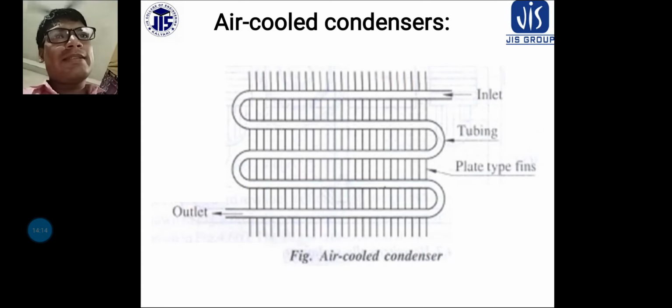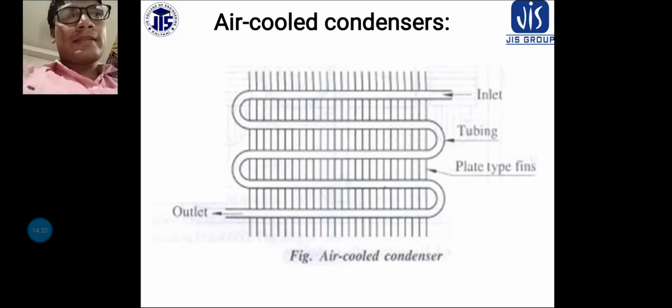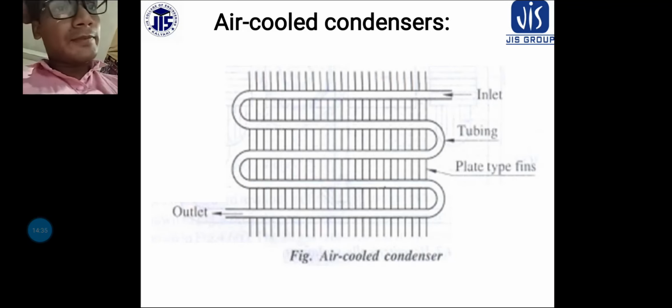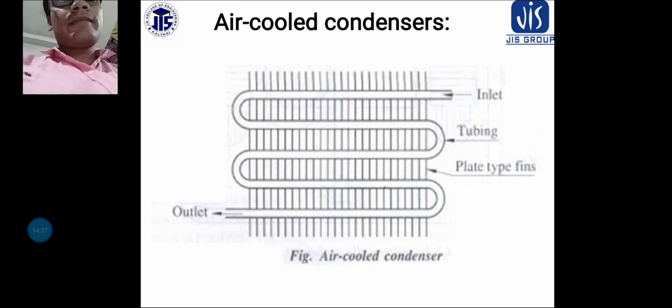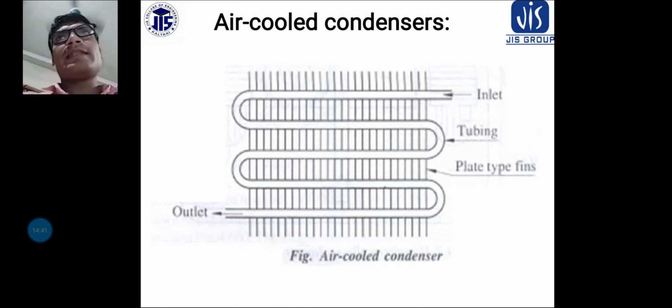Number three, as the surfaces are visible, the cleaning can be easily checked without special care. And number four, there is no problem about the disposal of hot air flowing through the fins. So these are the advantages.